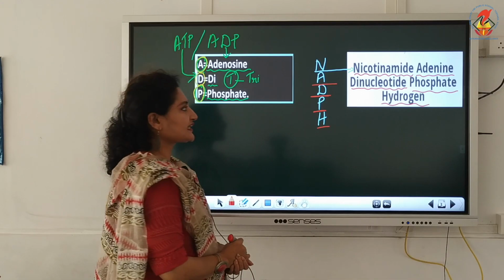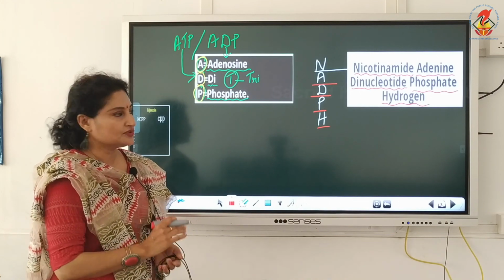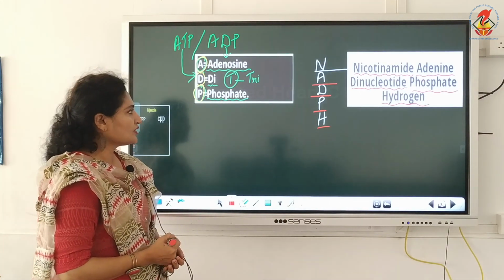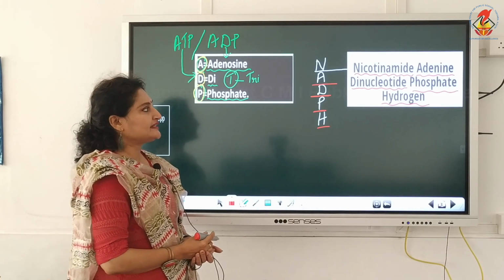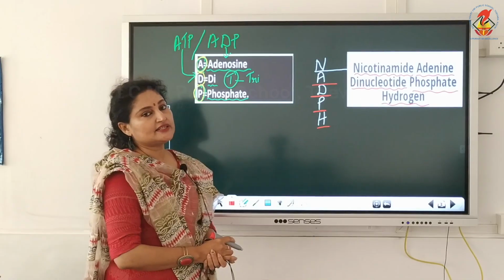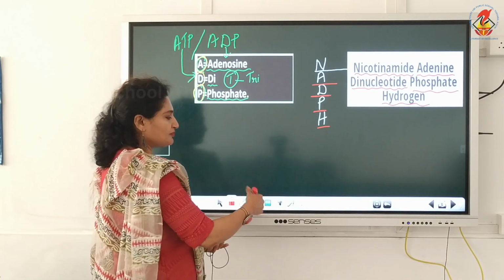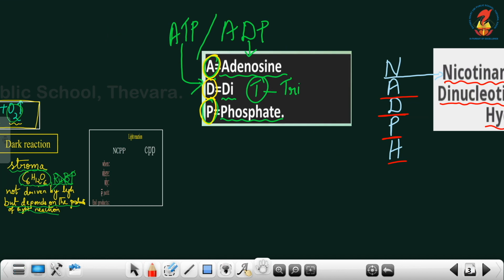So, this is the second energy molecule we are going to learn in this chapter, and it is new to you. So, you should know the full form. N stands for nicotinamide, A stands for adenine, D stands for dinucleotide, P stands for phosphate and H stands for hydrogen. As I proceed, I will only use the standardized abbreviation.